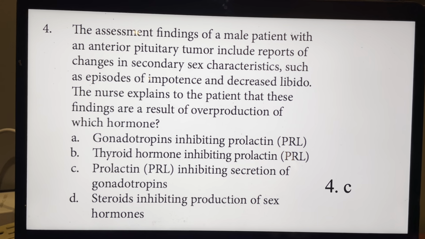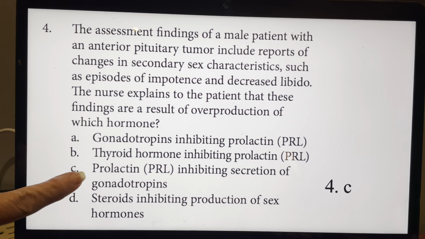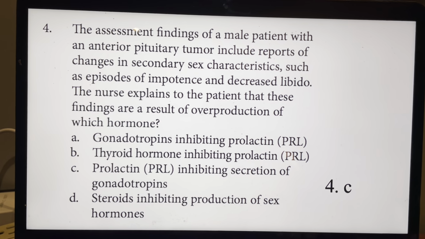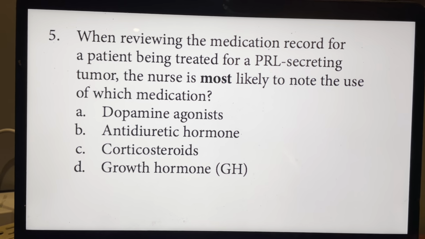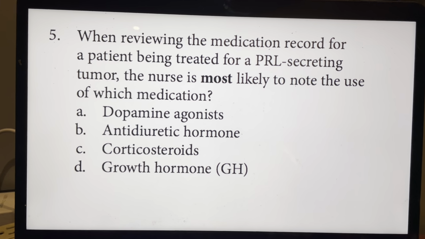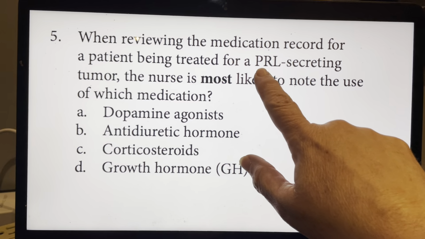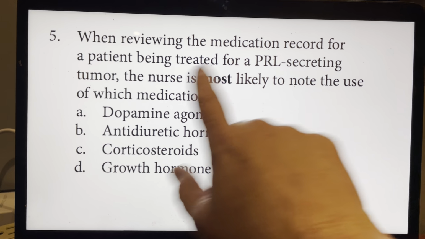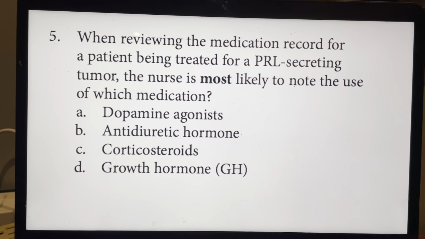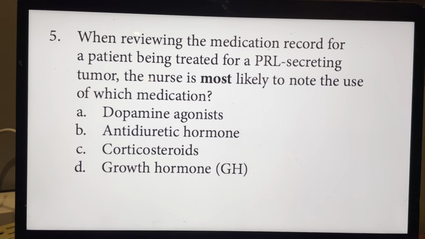Okay, I know you want more, but look, write that down and look in your textbook, or either we'll discuss it on another video. When reviewing the medication record for a patient being treated for a PRL, that's prolactin, secreting tumor, the nurse is most likely to note the use of which medication?